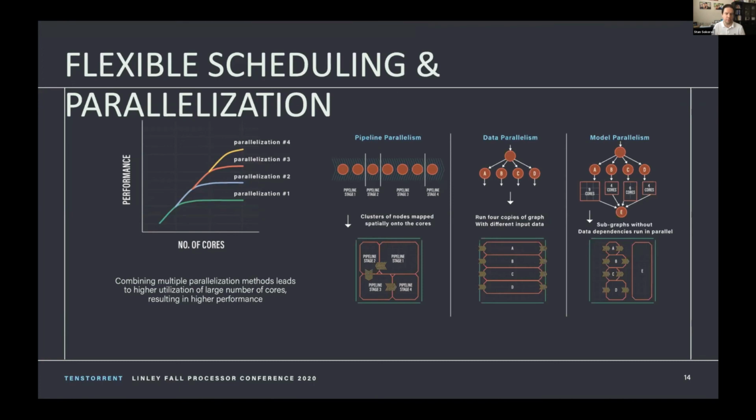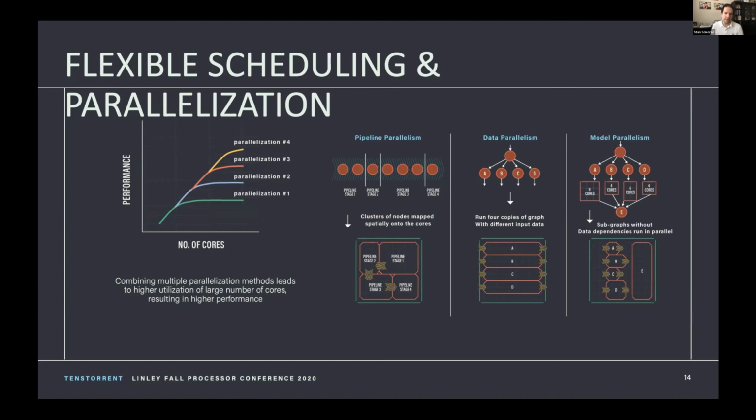For example, with convolutions, it's reasonable to divide it by filters, right? But if you look at CNN networks, some parts of the network are really deep with a lot of filters, and it divides really nicely. But another part of the network will only have a few filters, and it's much wider faces. And you really need to parallelize that differently if you're going to reach the full potential.